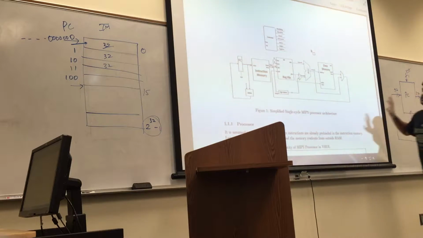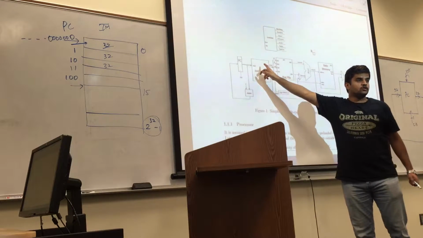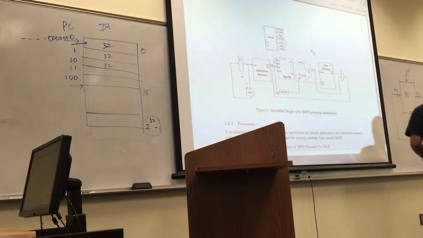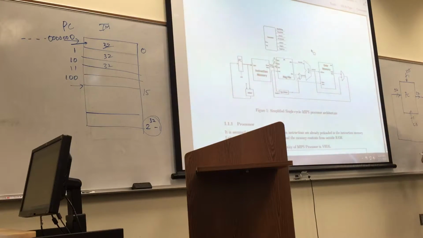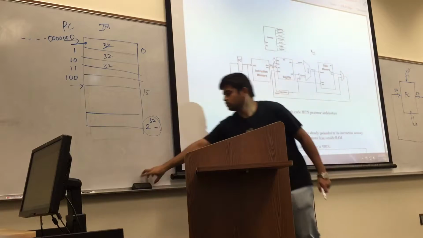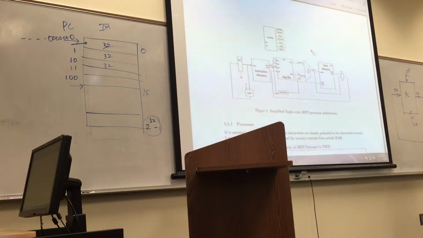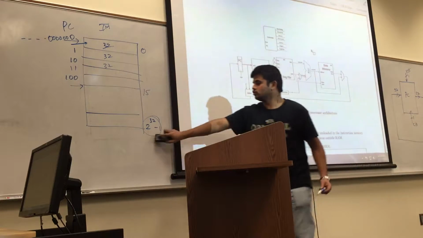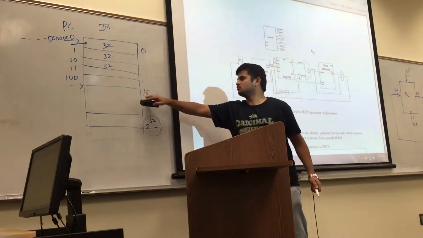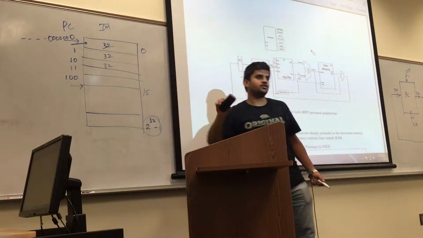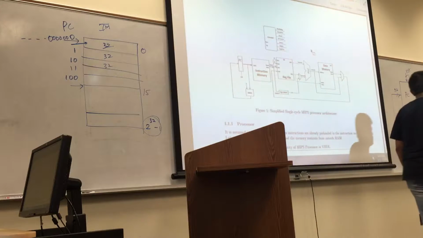That address will be given to the instruction memory. So this is the operation of the program counter. It's basically like a counter. It can increment from 0 up to this value, but if you are able to fetch until this point, it's fine.